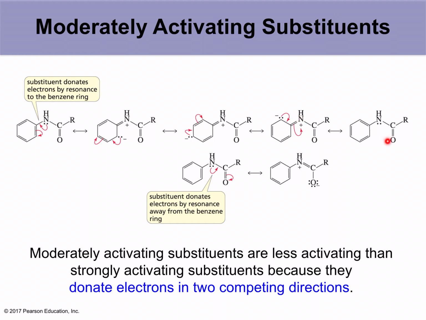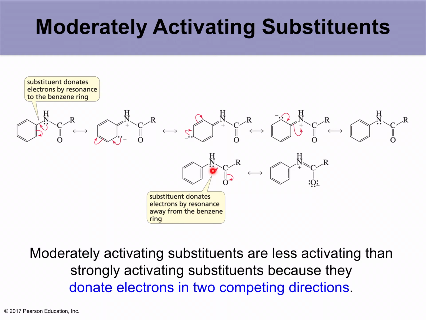Not only does it undergo this resonance, it also undergoes resonance with the carbonyl group like this. Since you have another carbonyl group over here, the lone pair forms a double bond between this carbon and nitrogen, and then the carbon-oxygen pi bond breaks and makes another resonance structure. So the substituent donates electrons by resonance away from the benzene ring.